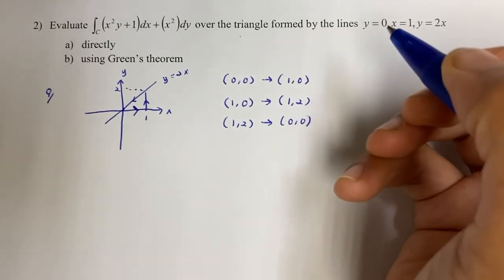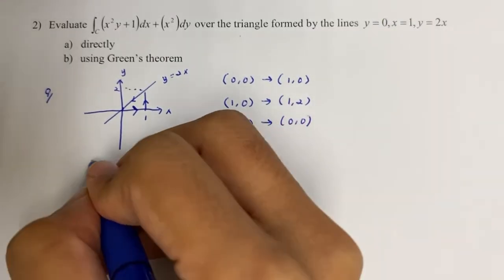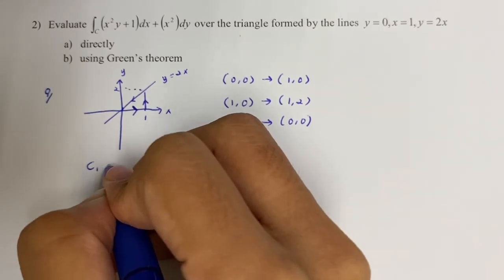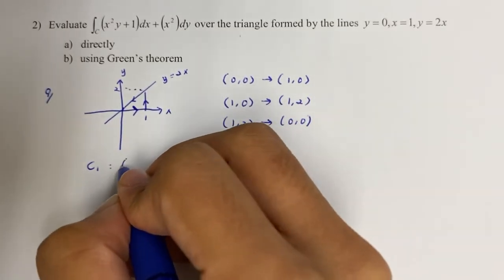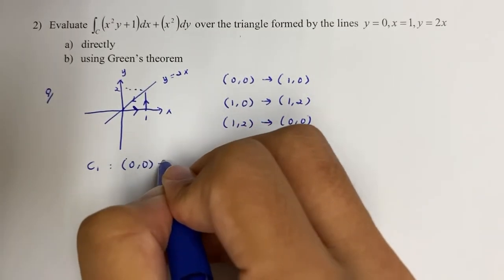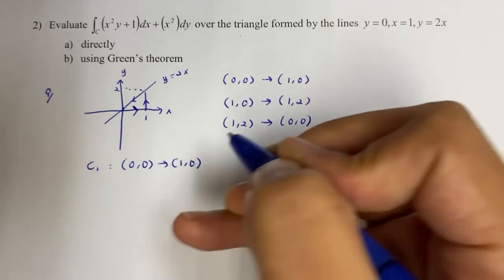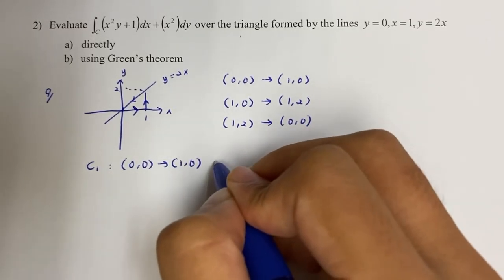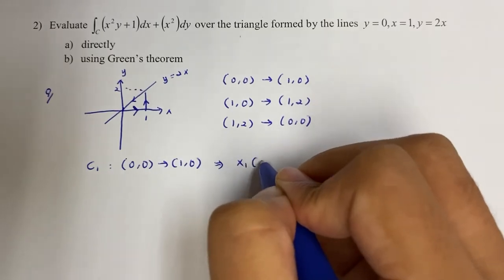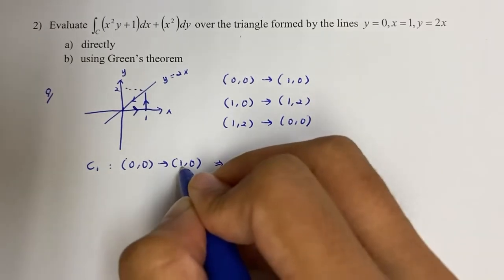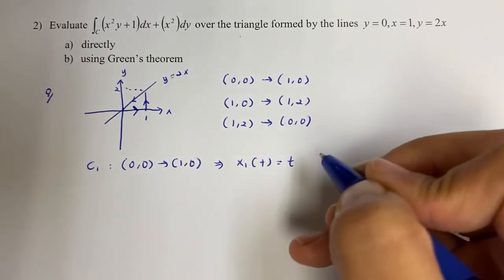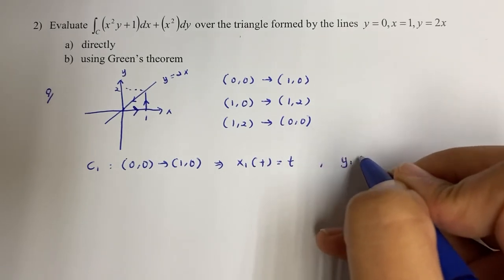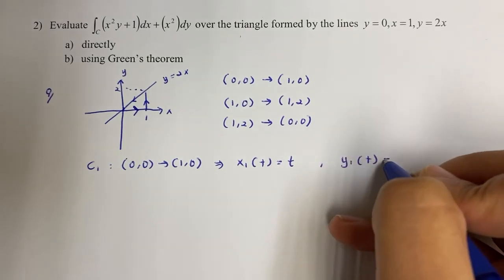So if we want to solve for A, we need to consider C1, C2 and C3. Okay, for C1 from 0,0 to 1,0, so your x1(t) is equal to t, okay, and your y1(t) is equal to 0.